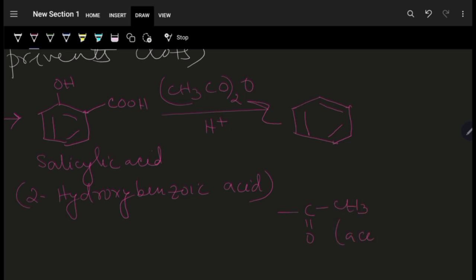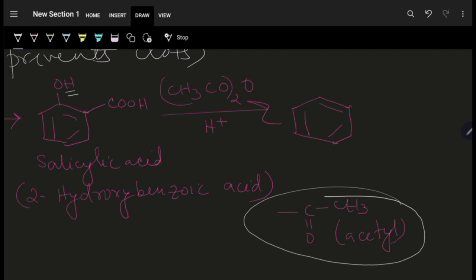This is the acetyl group. Now this H of phenol is substituted by this acetyl group, and you get over here, in place of H, O C double bonded O CH3. The acetyl group comes, and COOH remains as it is, plus acetic acid, CH3COOH.